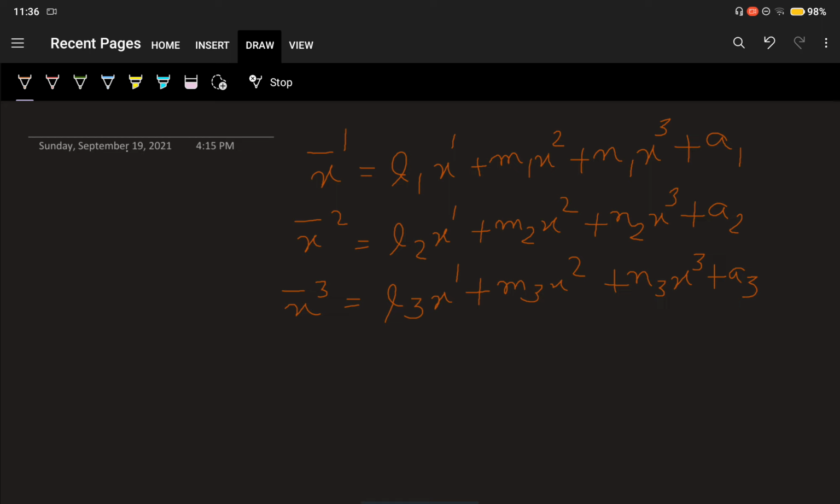This is the orthogonal transformation in Euclidean three-dimensional space. Now this can be written as x bar i equal to li x1 plus mi x2 plus ni x3 plus ai, where i stands for 1, 2 and 3.